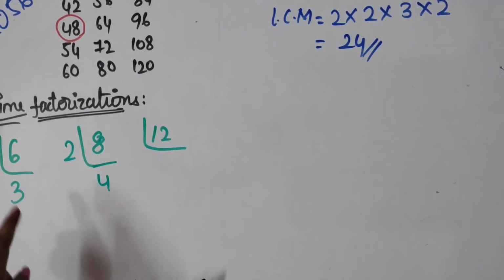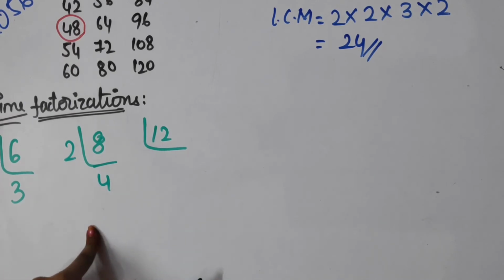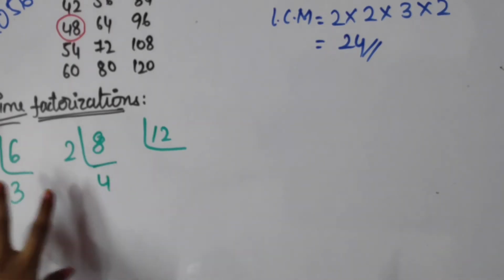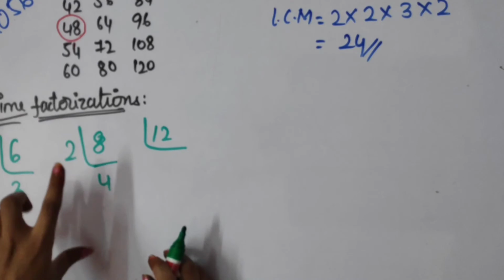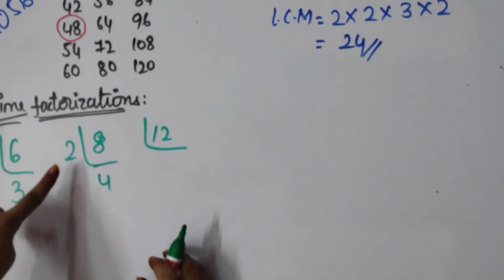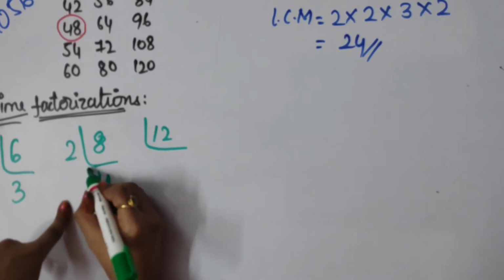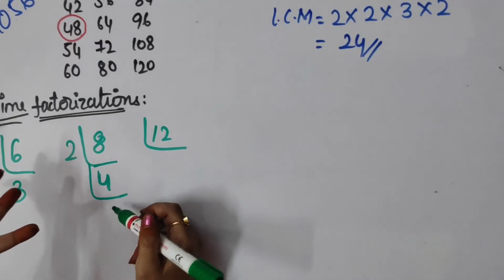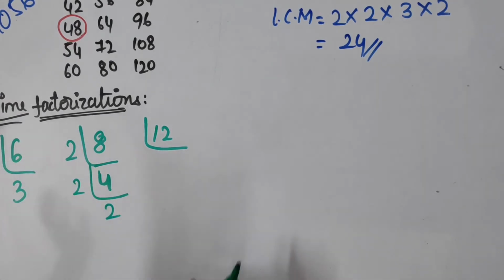I said in prime factorization the numbers always should be prime numbers. Also there is one more reason. 2 into 3, here both are prime numbers, but as for 2 into 4, 4 is a composite number, and we can break 4 into 2 into 2.